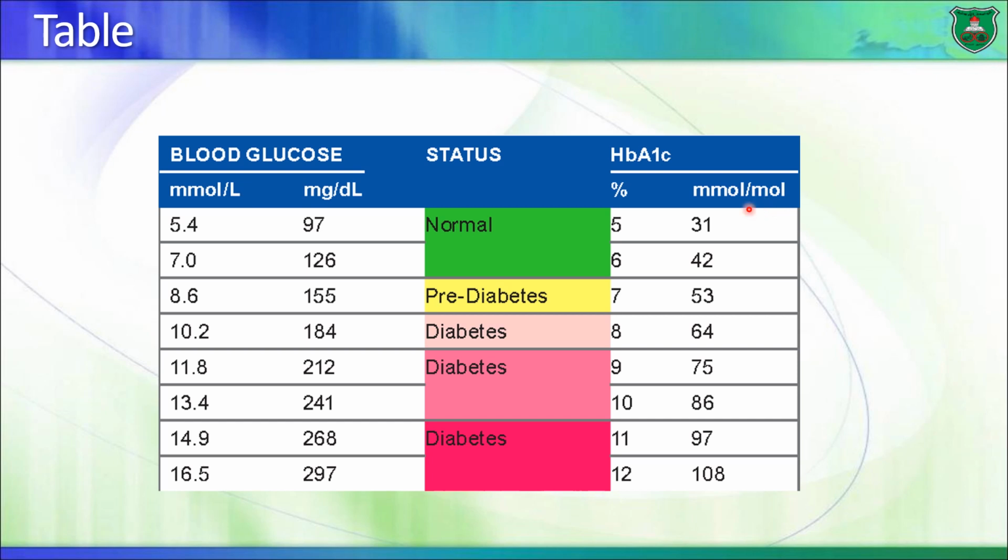Now, pre-diabetic individuals have a level of glucose that is higher than normal, about 150, 155, which is equal to about 7% in terms of the DCCT measurement, or according to the IFCC criteria, about 53 millimole per mole.